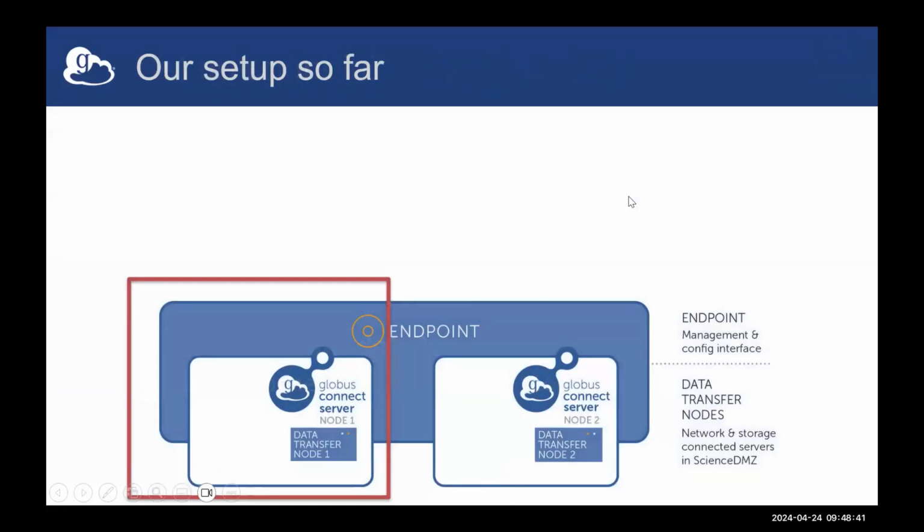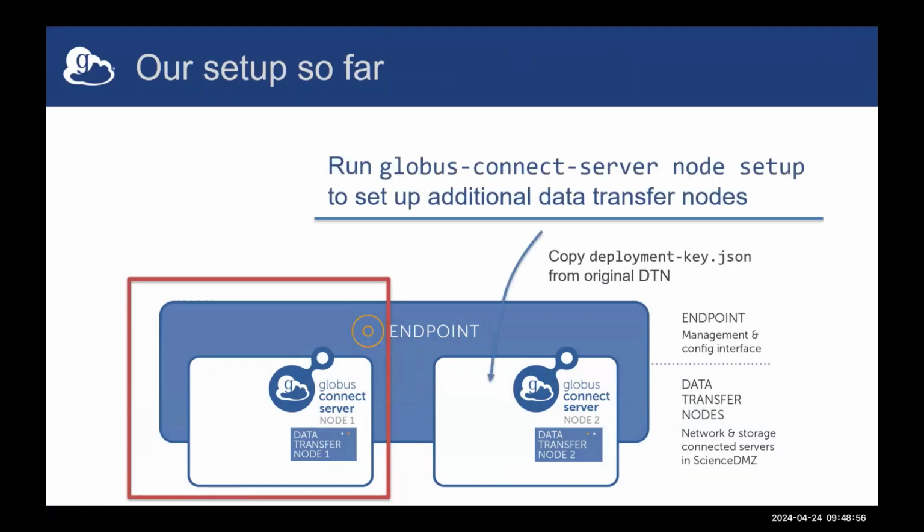So in the diagram from before, we are right here. We've defined the label, the endpoint, and we've added one data transfer node to it. If we wanted to add another data transfer node, we would just copy the deployment key JSON from the original DTN.